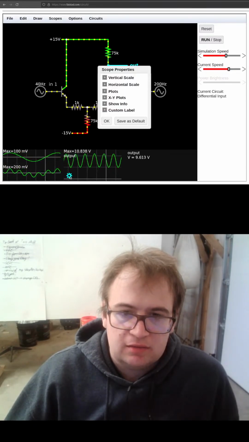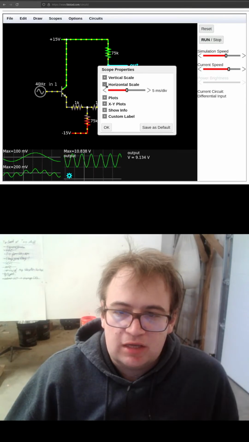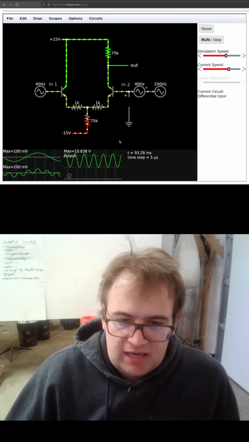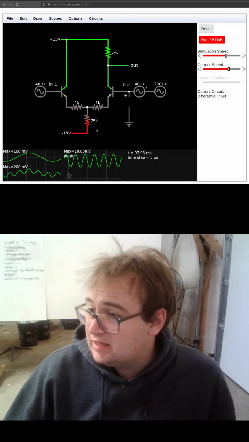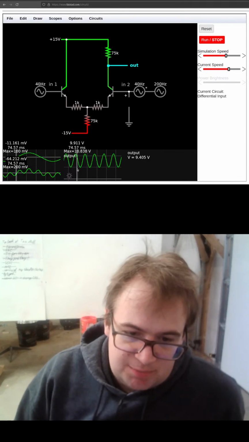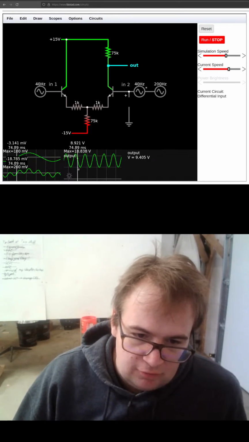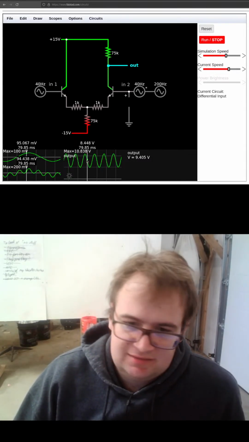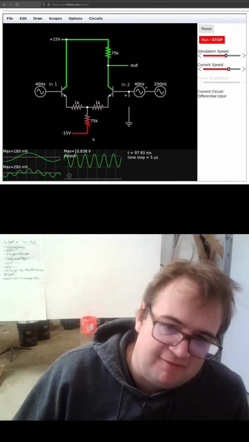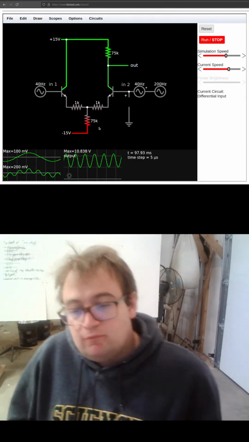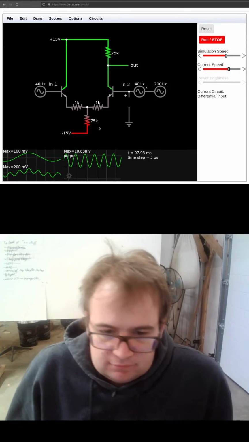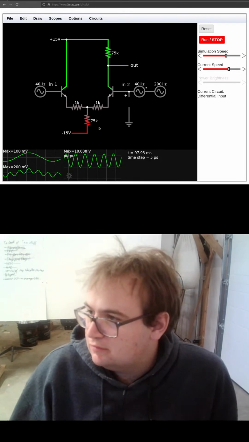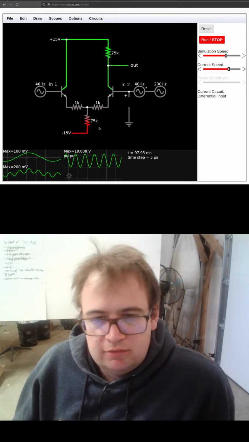Let me see the horizontal scale. Okay. So it says, here, we'll stop it. It says that this is 5 milliseconds per division. So we go from this point to this point, 5 milliseconds. That's like half a thing, roughly? So about 10 milliseconds, we do a full tour through.